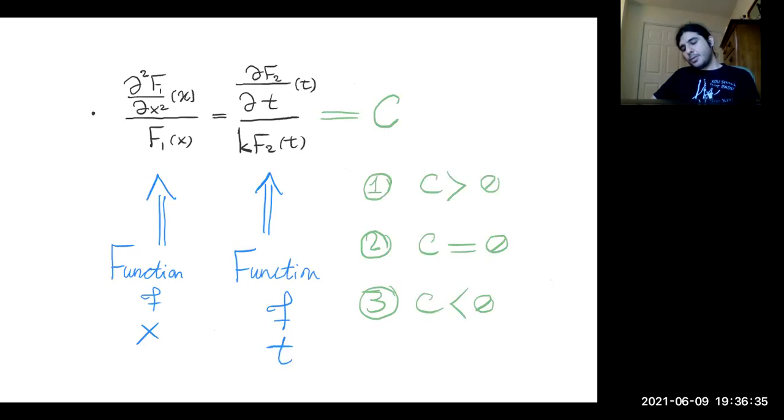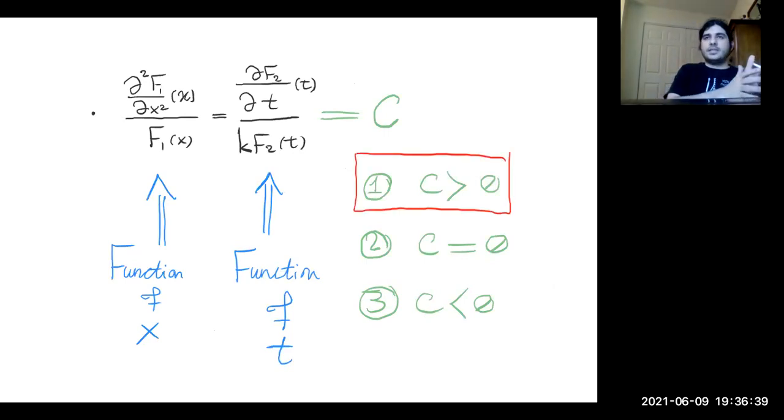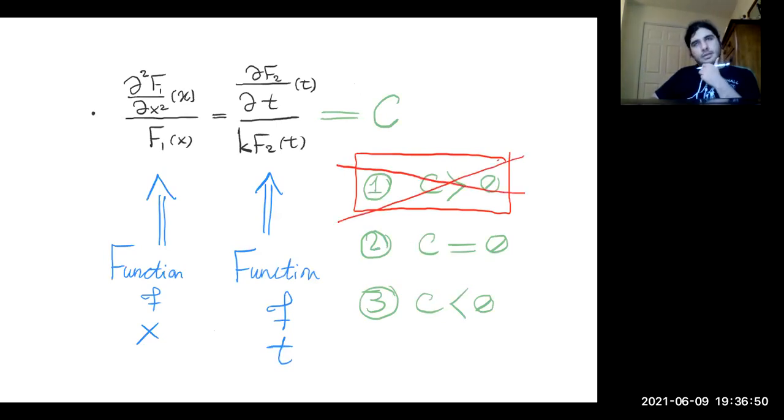We are in case number 1. We already have assumed c is positive. But if we assume c is positive and follow the equations, we conclude c is 0. That's the contradiction. Therefore, the first case does not work. The first case can't be the answer. c can't be positive.